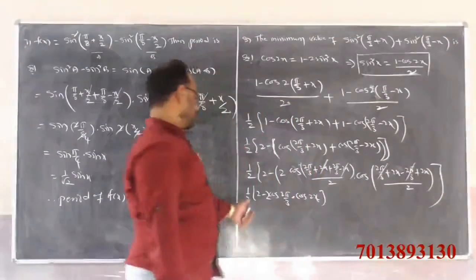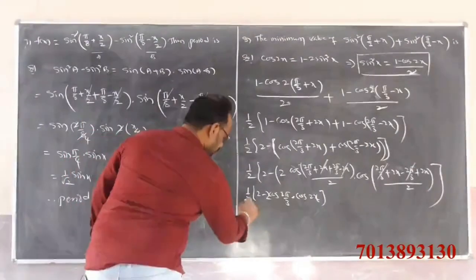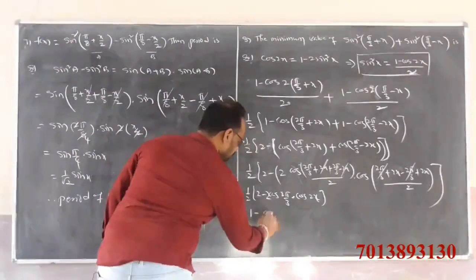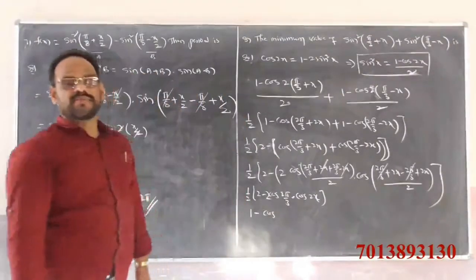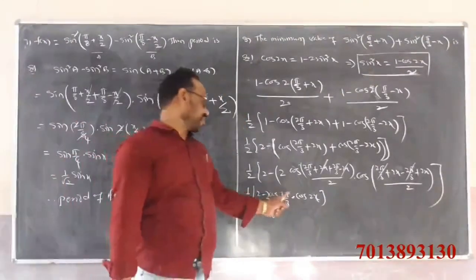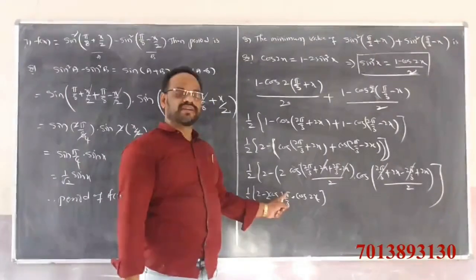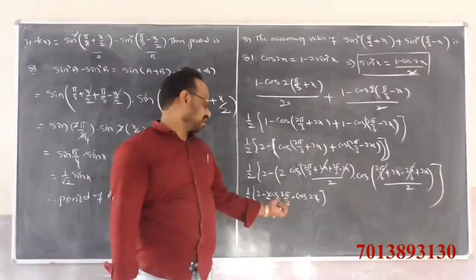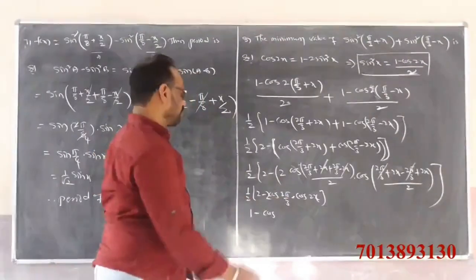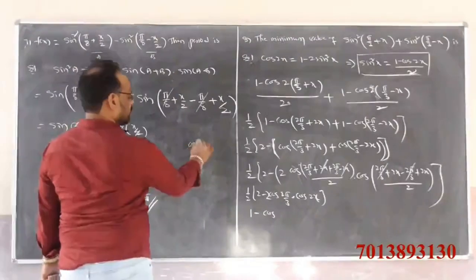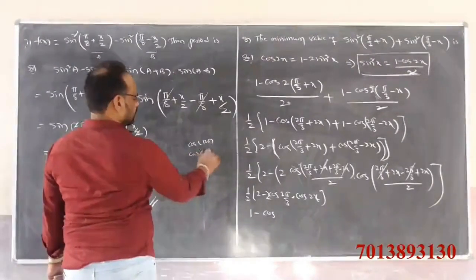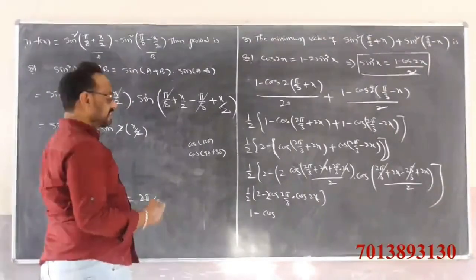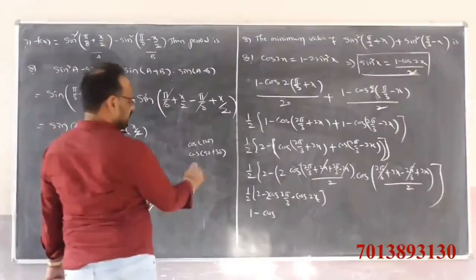That is 1 by 2 into 2, clearly 1 minus... again we get cos 2 pi by 3. Pi by 3 means 180 by 3, that is 60. 2 times 60 is 120. Cos 120 can be written as cos 90 plus 30, that is cos 90 plus theta, which is minus sin theta.